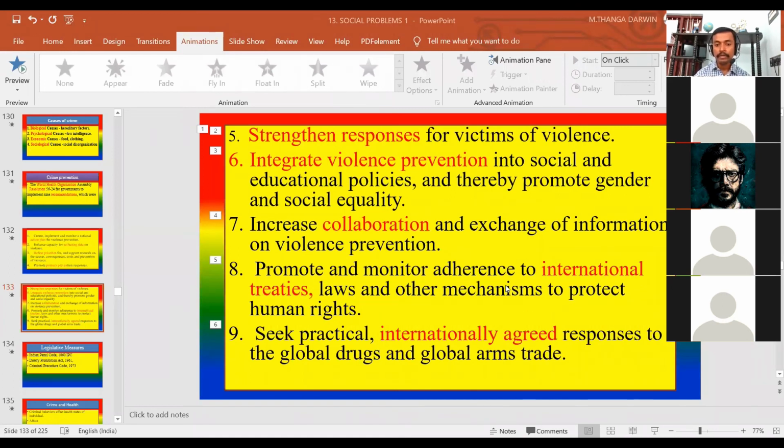Ninth one, internationally agreed response to the global drugs and global arms trade. Seek a practical internationally agreed response. It means every country should be integrated in the response to prevent mainly drug trading, narcotic drugs, as well as armed trafficking, to prevent crime in India as well as in the world.